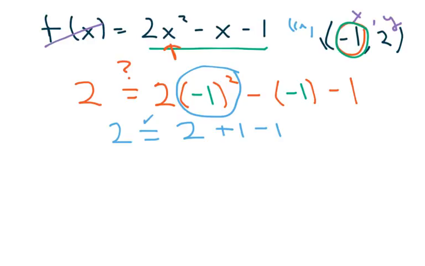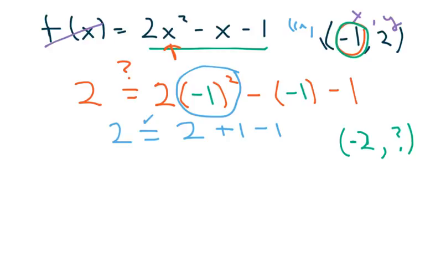The next question is if x is -2. So basically they're just asking you, if x is -2, then what is my y? And we're going to do the same thing.